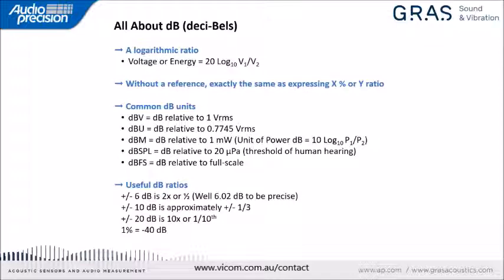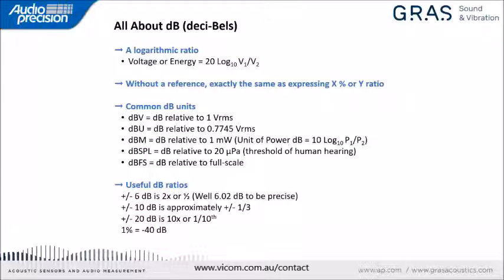dBFS is dB relative to full scale. So 0 dBFS is the largest amplitude sine wave that can be represented in a digital system. Now, rather than doing the logarithmic math in your head, there are some shortcuts. Plus or minus 6 dB is twice or half the reference value. For people who want to be picky, the actual ratio is 6.02 dB.